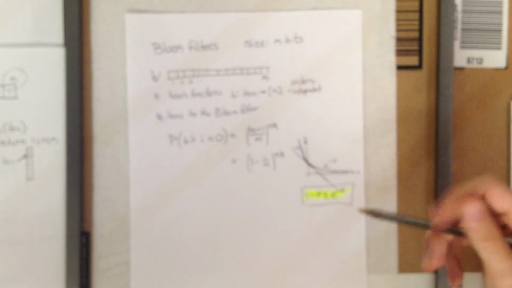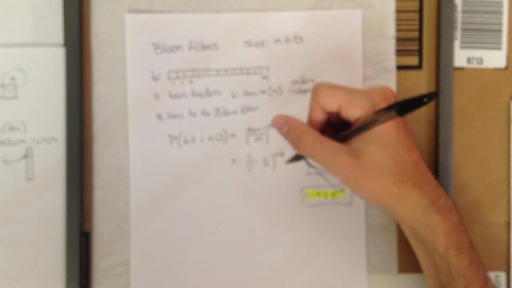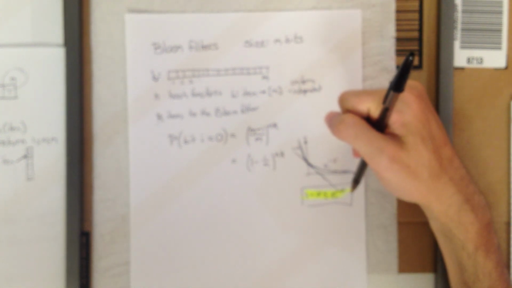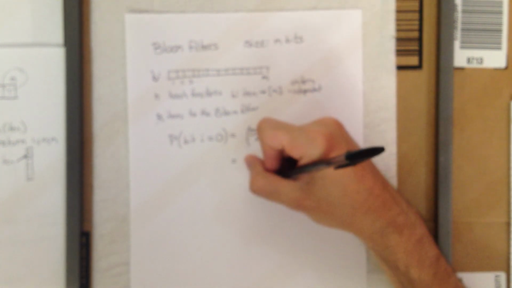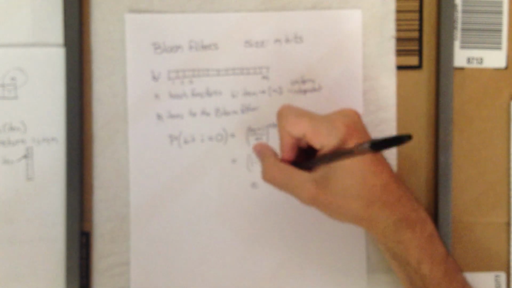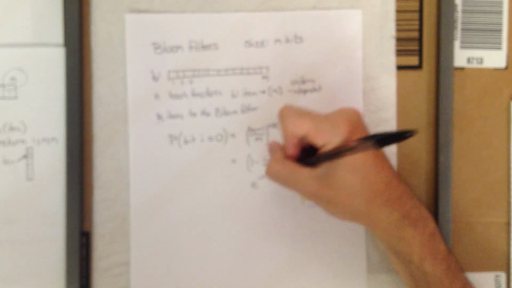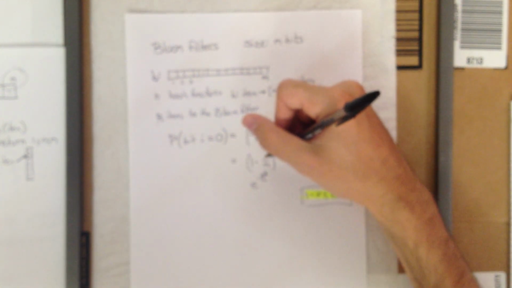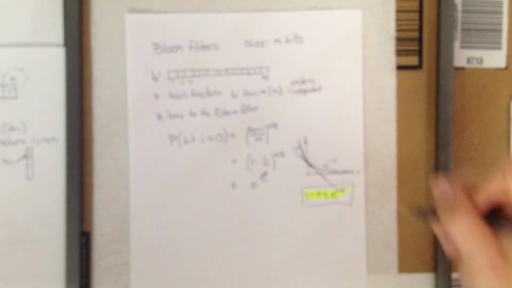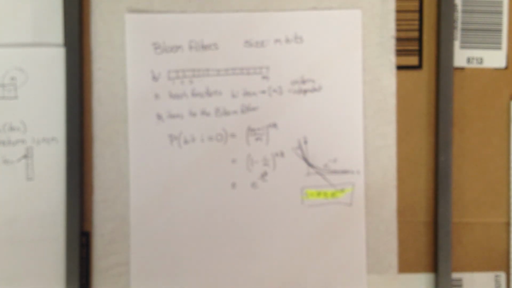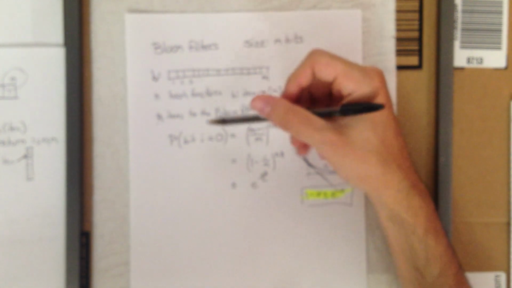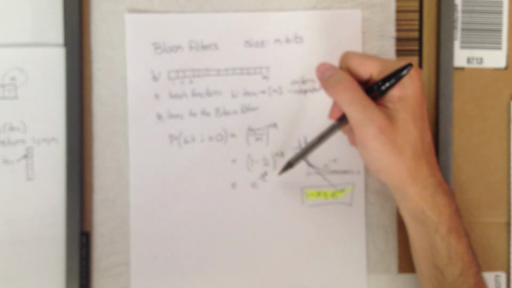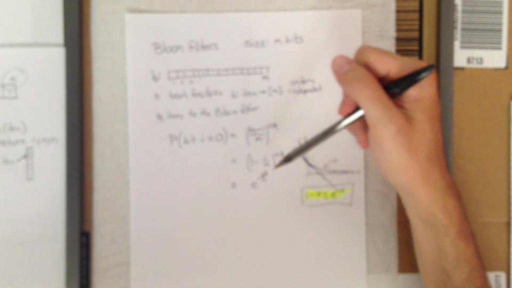So we're going to use this inequality now. 1 - 1/m is less than or equal to e^(-1/m). Raising e^(-1/m) to the nk, you get e^(-nk/m), and this is greater than or equal to (1 - 1/m)^(nk). And so we have a result for the probability of any particular bit being equal to 0 after k items have been added to the Bloom filter.